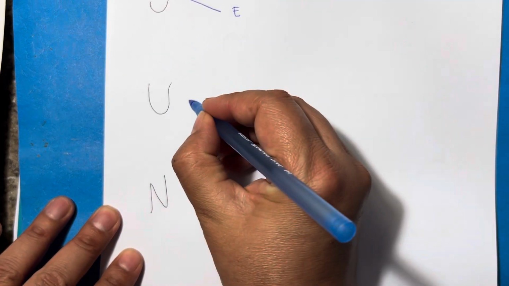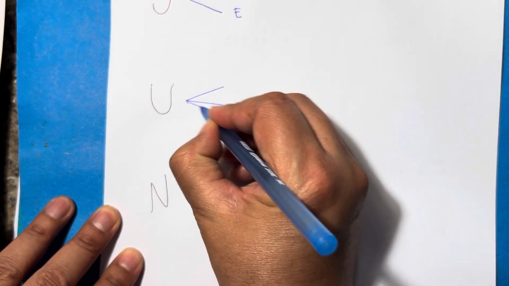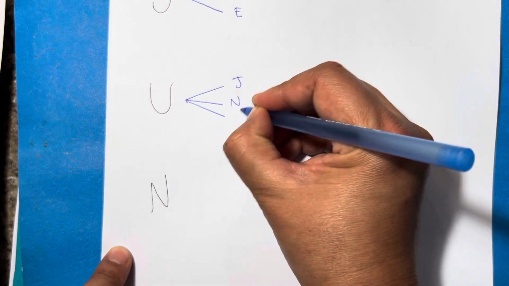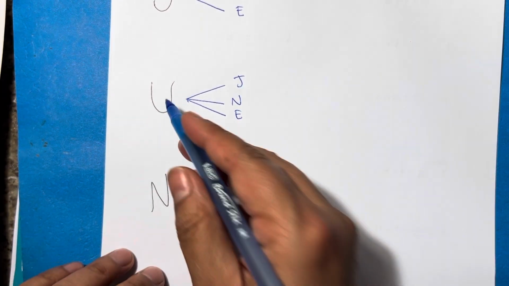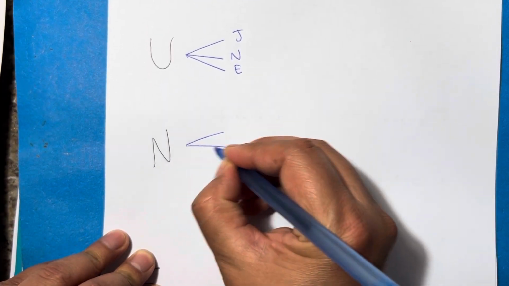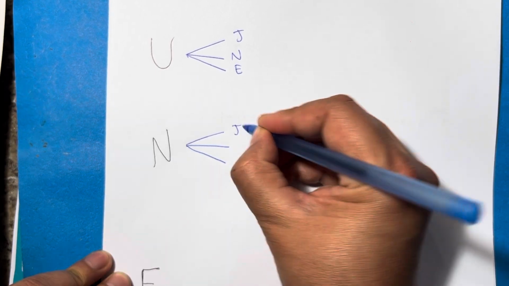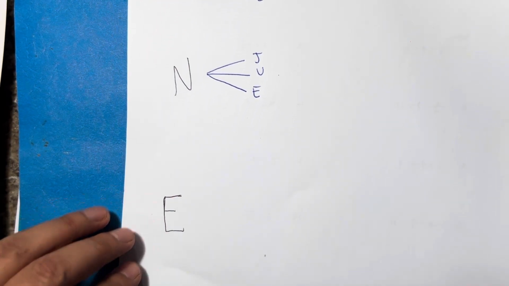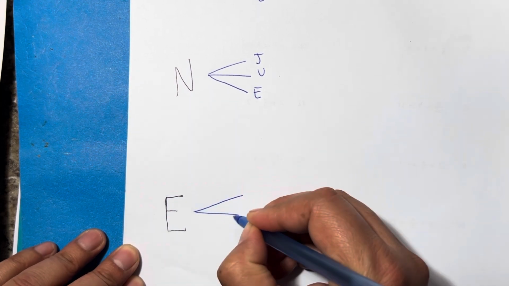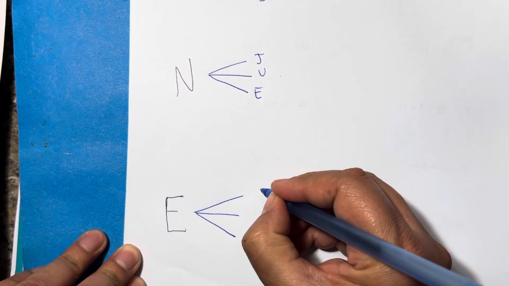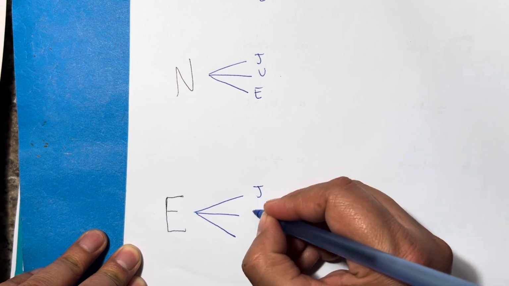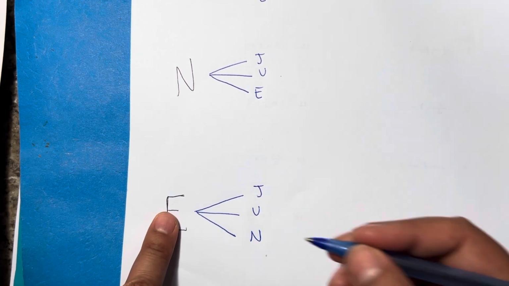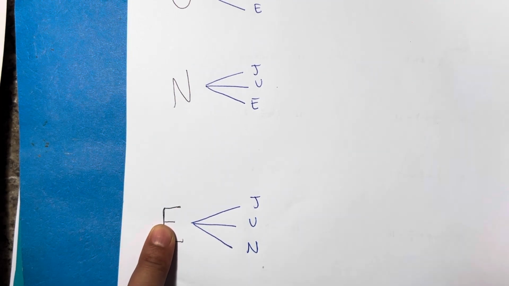And then for this one, you have J, not U, and E, because you already took that one out. For this one, you have J, U, not N, but E, yes. And for this one, you have all the three first letters, J, U, N, and not E, because you already took it out on the first draw.